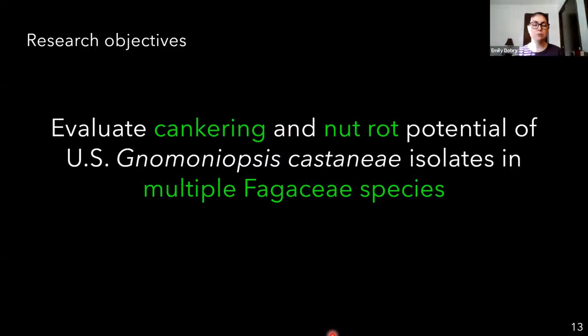So we wanted to look at multiple Fagaceae species because we saw out of Europe that there is some evidence to suggest that other hardwood species might be susceptible to a damaging infection. And we wanted to know specifically if oak and beech might be susceptible. So we approached these research objectives through a series of nut, branch, and stem infection assays.